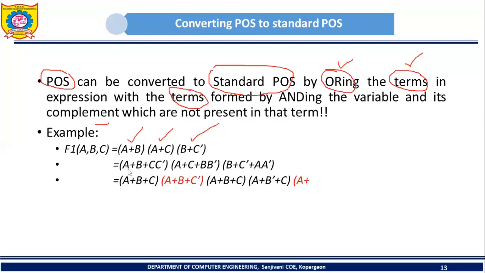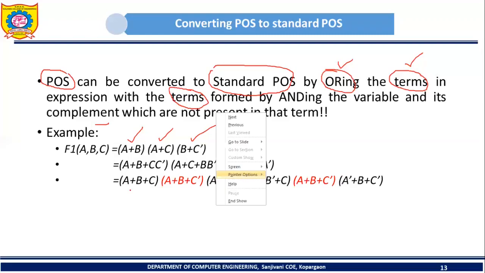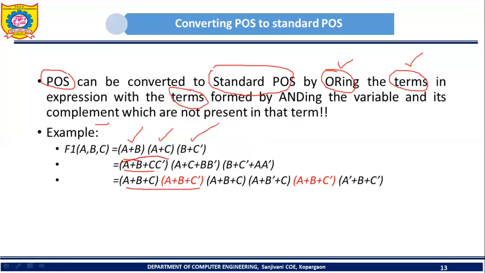So the next step will be like this. A plus B plus C, that term will come here, then dot, and in the second bracket I will have A plus B plus C bar. So see what we have done: we have split this particular term into two terms.